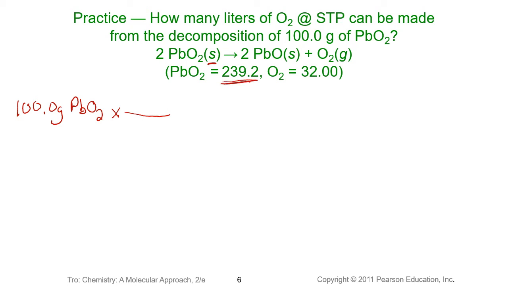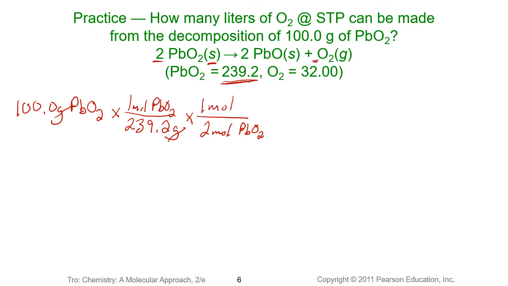We are given the molar mass of the lead oxide. Now that we are in moles, we can use the coefficients in front of our balanced chemical reaction to convert from moles of the lead oxide to moles of oxygen, which is now a gas.